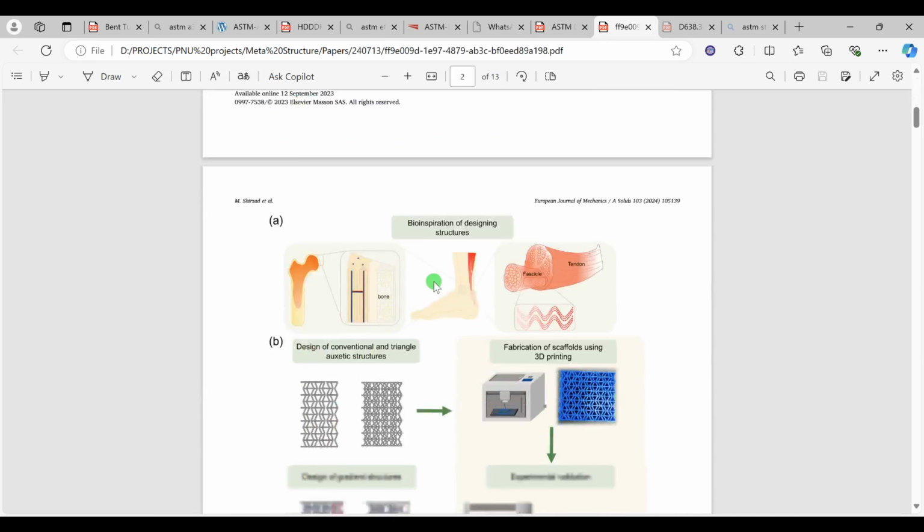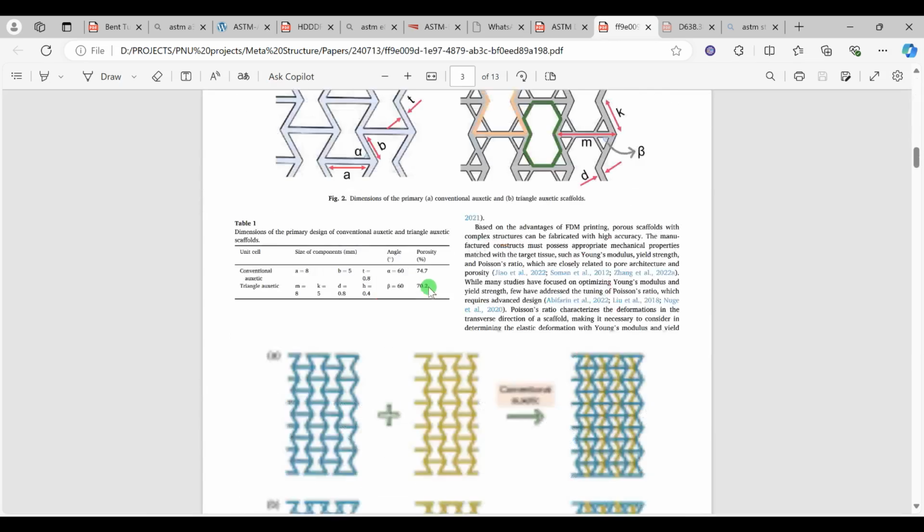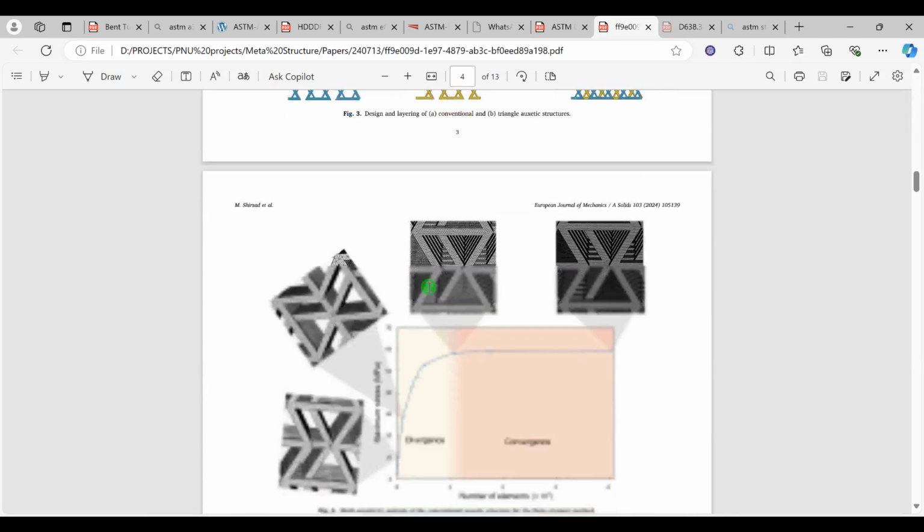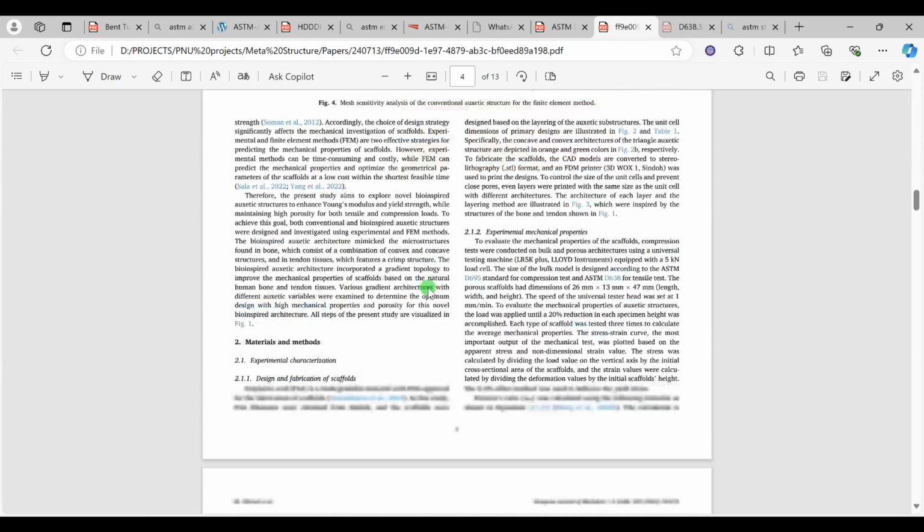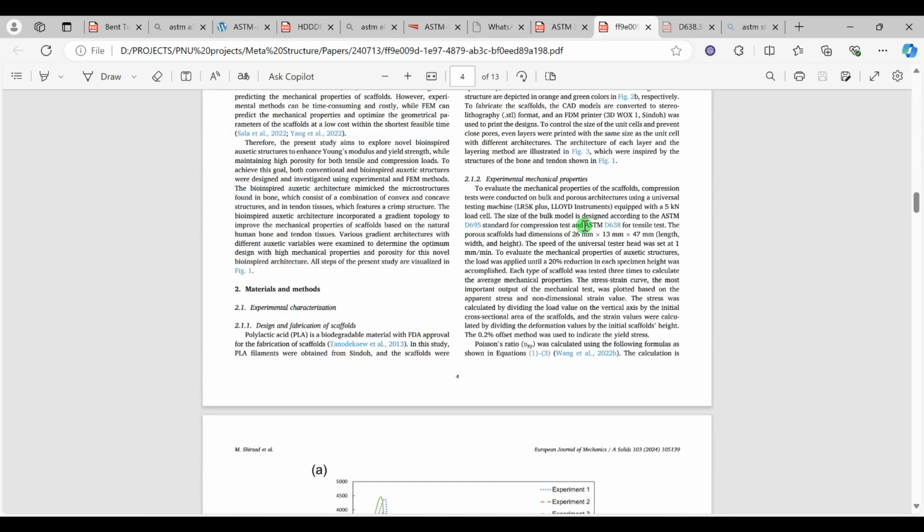For this kind of material, again, you should look for the ASTM in the paper. And as you can see in this paper, the authors use ASTM D638 for tensile test. Okay, let's find this standard.